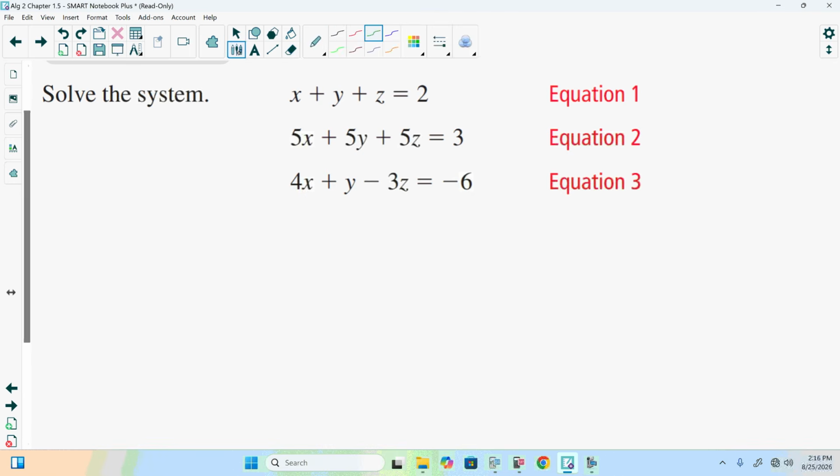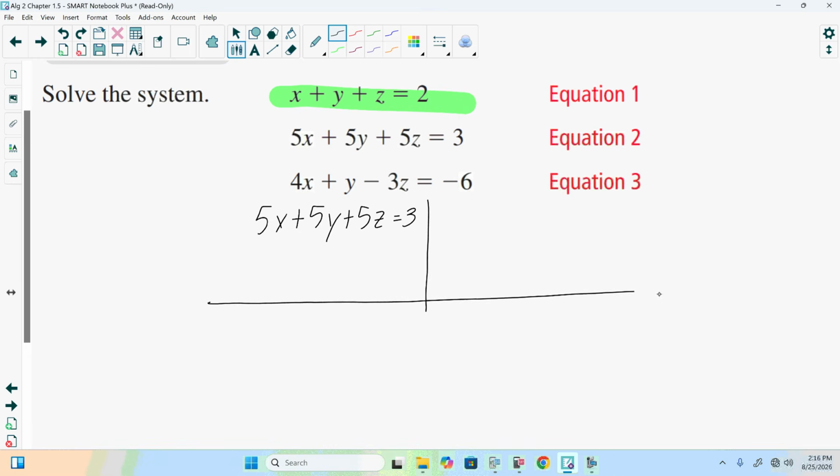So, we would want to use the top equation as our eliminator equation. It's got the nice version of x to get it to be the other two. All right.